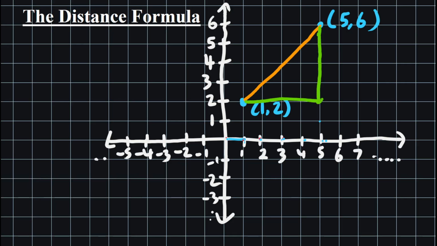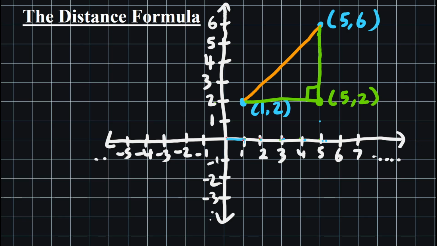What are those coordinates? So this is 1, 2, 3, 4, 5. So it has an x coordinate of 5, and it has a y coordinate on the y-axis. It's 2. So 5, 2.